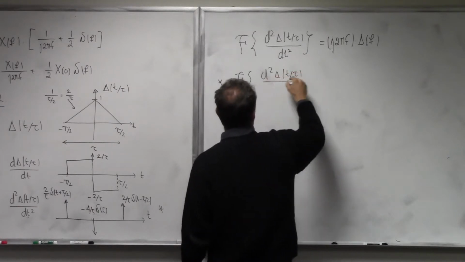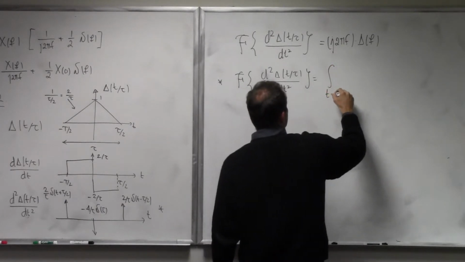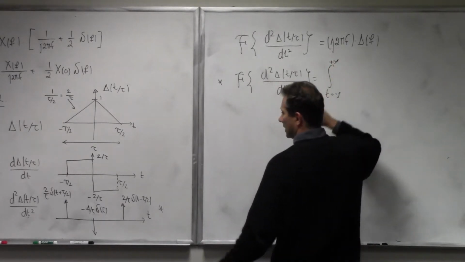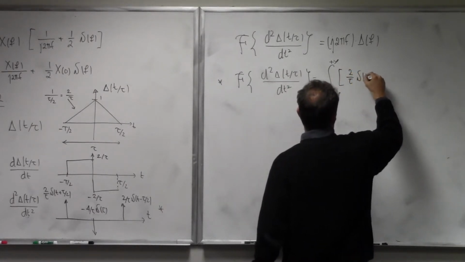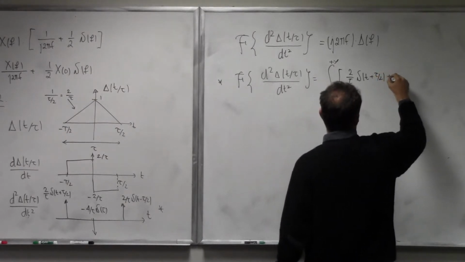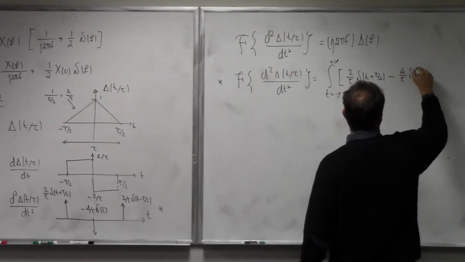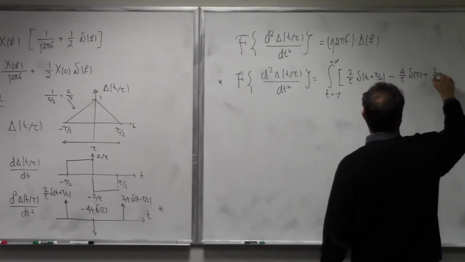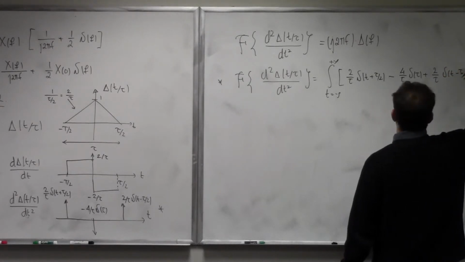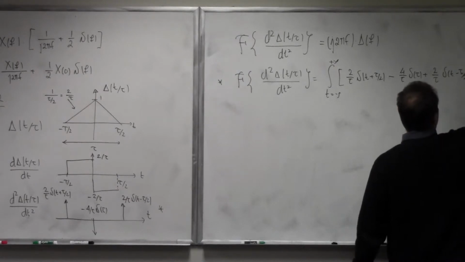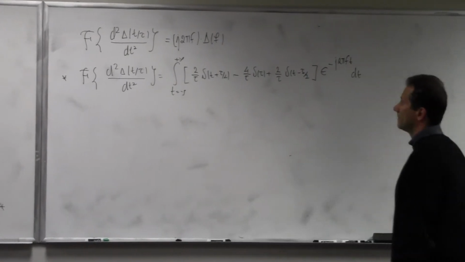So now, by applying this, I have the Fourier transform of d squared of delta of t over tau over d t squared equal to the integral, with t going from minus infinity to plus infinity, and I can write this out. So this is 2 over tau delta of t plus tau over 2, minus 4 over tau delta of t, plus 2 over tau delta of t minus tau over 2, and then everything times e to the minus j 2 pi f t.